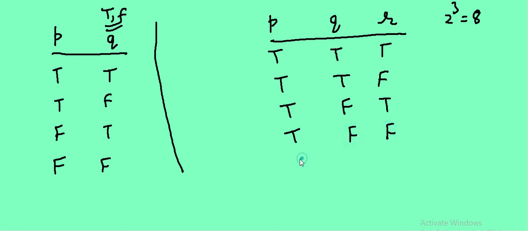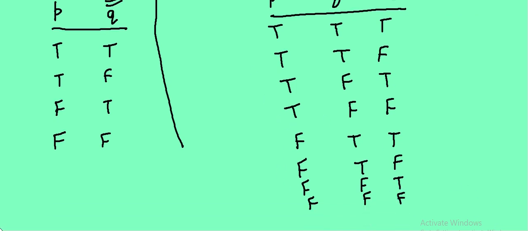Now we have false, true, false, true, false, true, and now we have false. So we have here the eight combinations, right? 1, 2, 3, 4, 5, 6, 7 and 8.